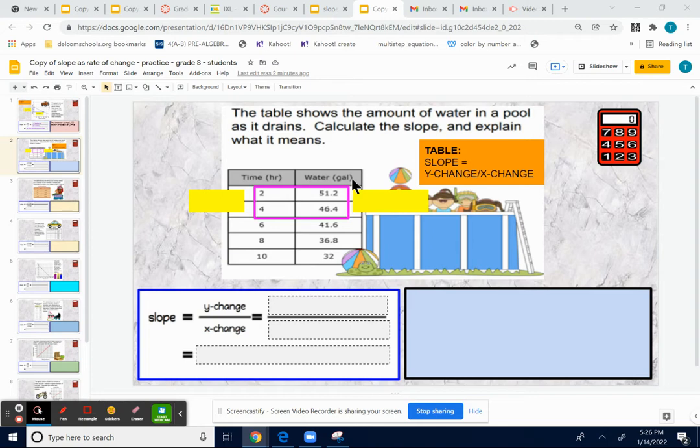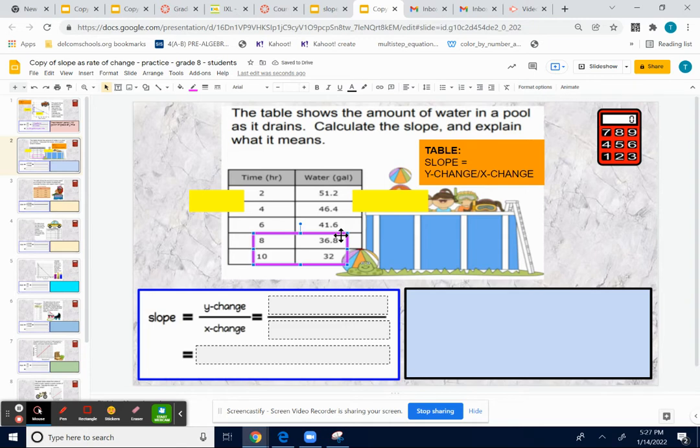When you find the slope of a data table, it doesn't matter which 2 points you look at. I could look at these 2 points, or those 2 sets, or those. I can look at any 2 rows that I want, and they don't even have to be next to each other.